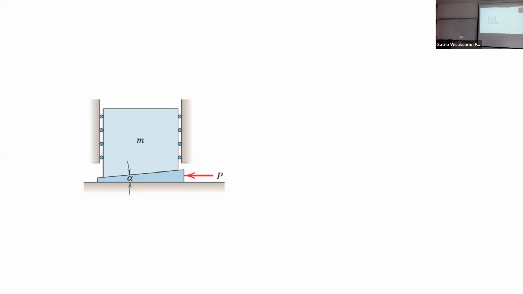Why do we make the mass not used? That's right. If the wedge has a mass that is not negligible, then you cannot neglect it and you have to put the weight of the wedge. But most of the time we can neglect the mass of the wedge because it's way less than the mass of the weight.